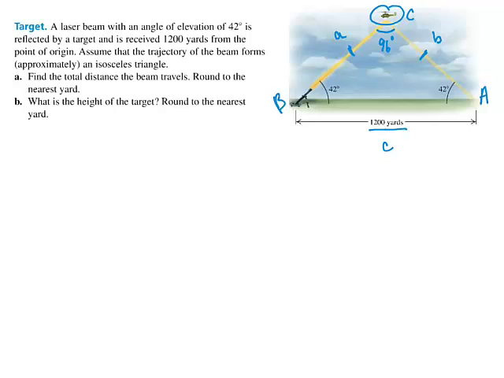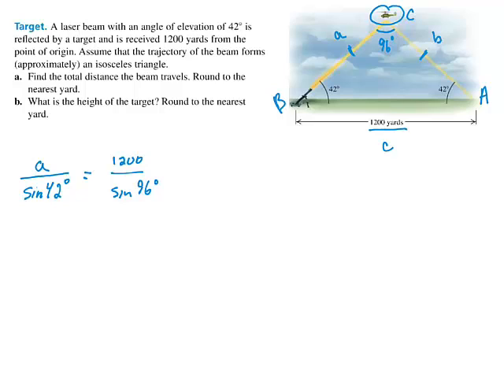Now because this is an isosceles triangle, I'm going to use the law of sines here to find, how about side A. So looking for side A, I'm going to say A divided by sine 42 degrees. Right, side A and angle A go together. And then I also know C. So side C is 1,200 yards divided by sine of angle C, which is 96 degrees.